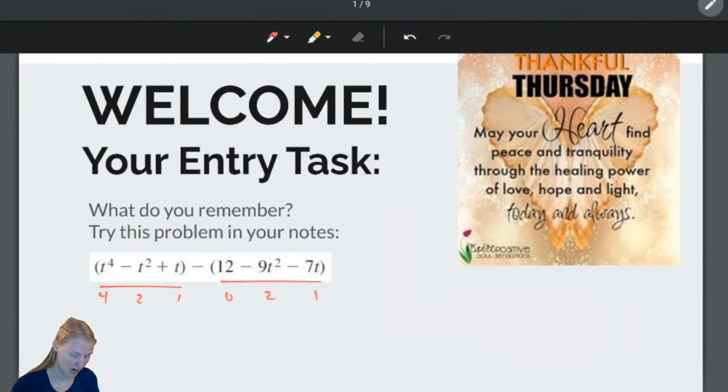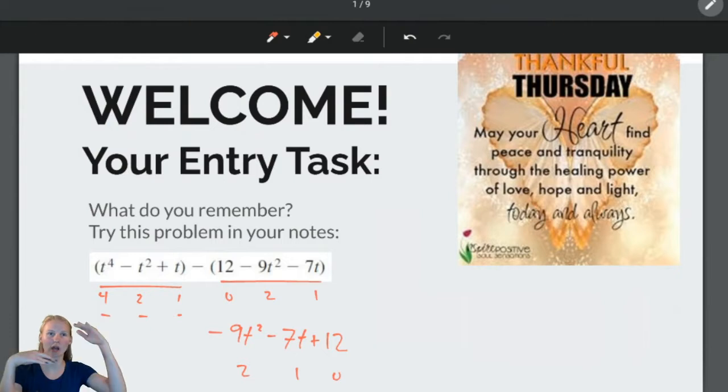So let's rewrite this. We have minus 9t squared minus 7t plus 12. Okay, and that is 8t. Alright, so now, notice how we have 2, 1, 0, and 4, 2, 1.